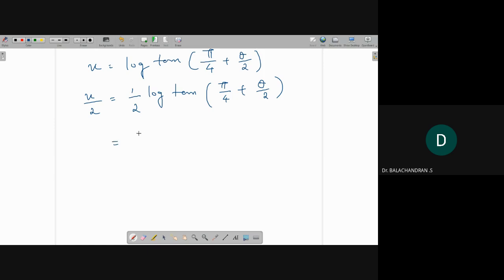So now this is equal to 1 by 2 log tan of A plus B formula. What is tan of A plus B?